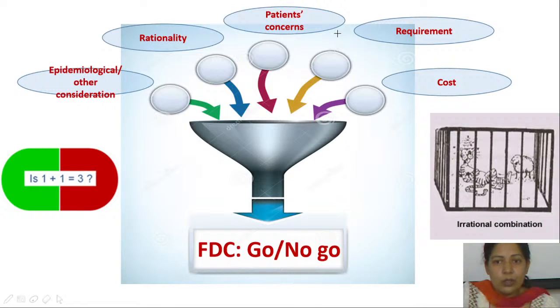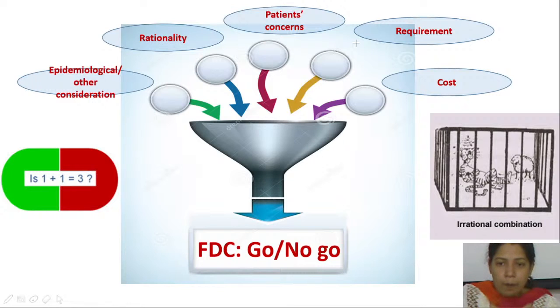Like for the tuberculosis DOTS program, it becomes a lot easier if the drugs are co-packaged. That means a peripheral healthcare worker or ASHA worker does not need to remember all the details. He or she just has to pick up a packet and give it to the patient.